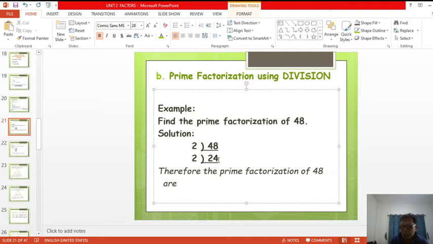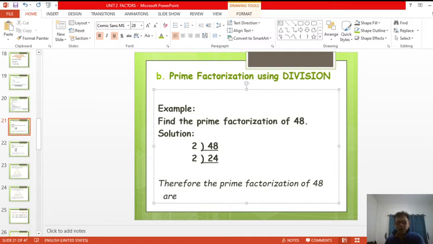From here, 24, then you divide by your desired number, the prime number. As I said just now, let's try 2. That is why I wrote 2. So 24 divided by 2 will be 12, right? So you write down 12. That's it.